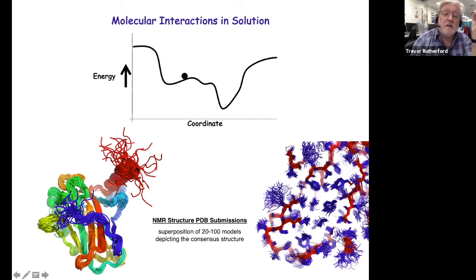If you download NMR structures, what you see is an ensemble of overlaid structures, and you're looking at the convergence from the different annealing states. Typically they're not a single structure; you will get an ensemble.